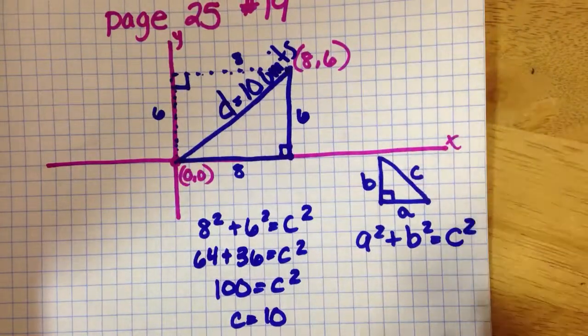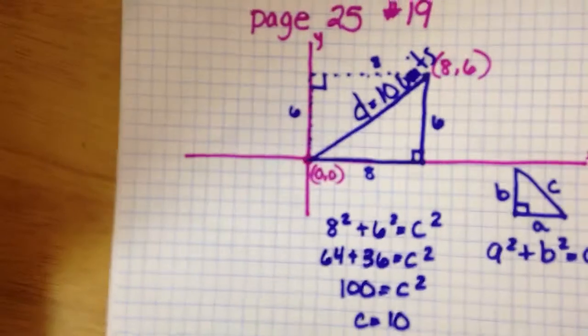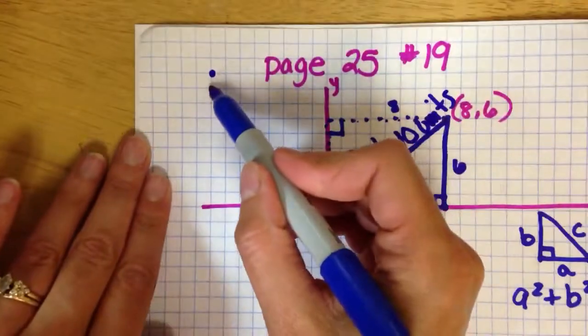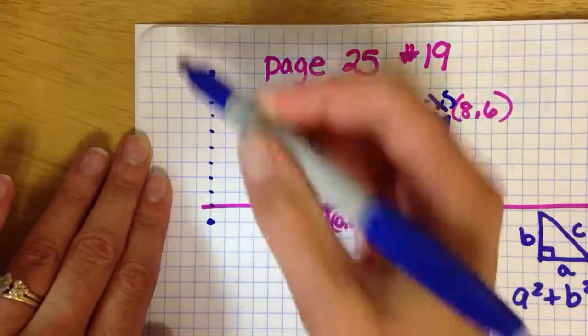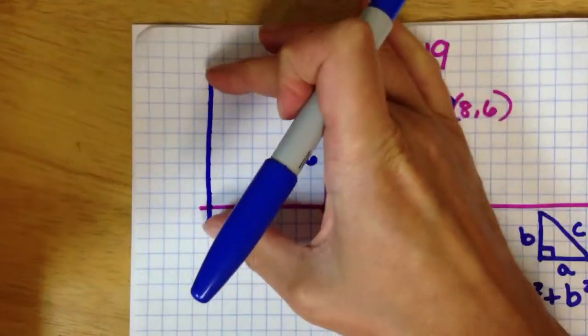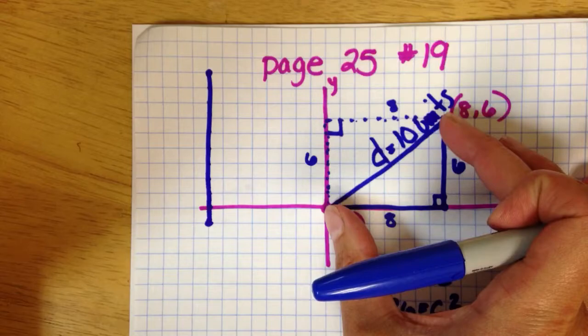If you took your coordinate plane and started at a point and counted down 1, 2, 3, 4, 5, 6, 7, 8, 9, 10, that would be 10 units on the coordinate plane. So this line right here is the same exact length as that line segment.